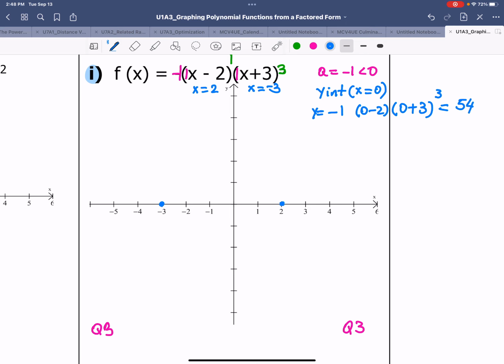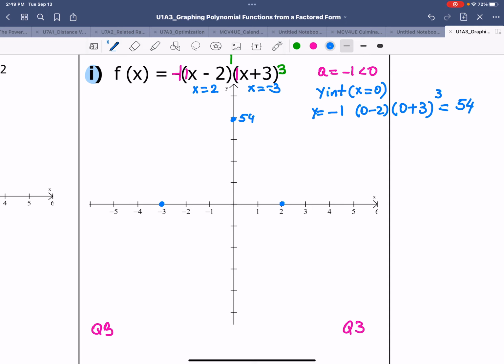So we'll have the y-intercept up here at 54. I will pretend that's a 54 all the way up here, actually, even here. So about here. That's okay.